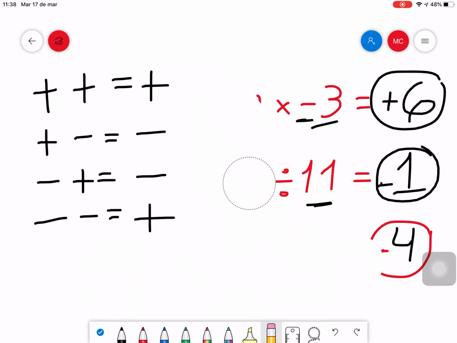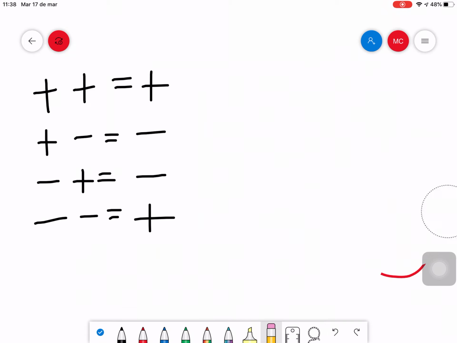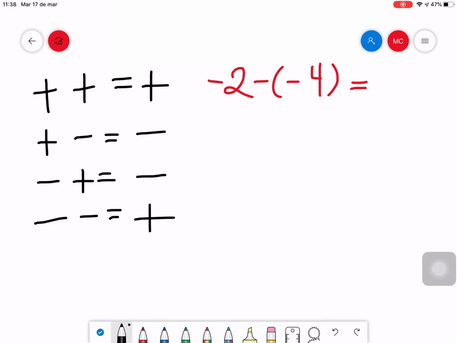Now, let's move on to adding and subtracting, which is the same. We're gonna do it with parentheses and without parentheses. Let's suppose that I have -2 minus -4, and that's it. Okay, I start.